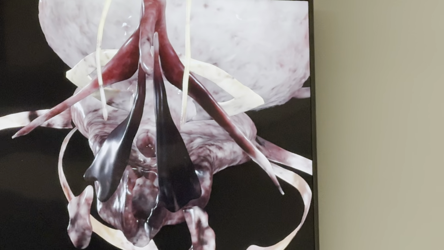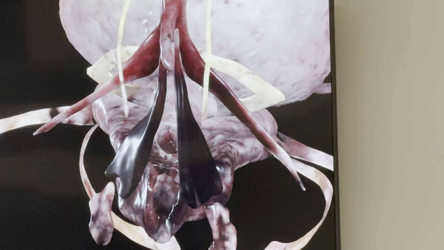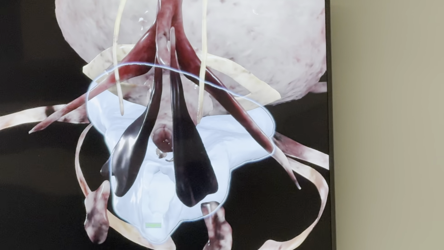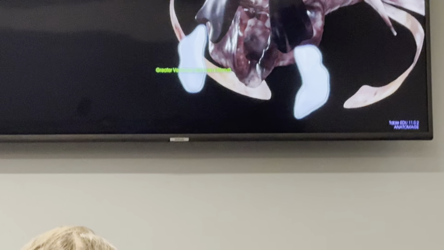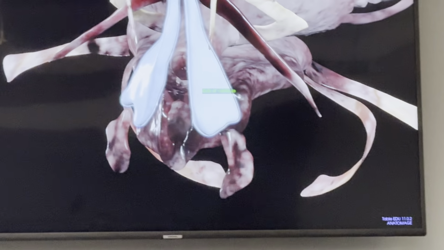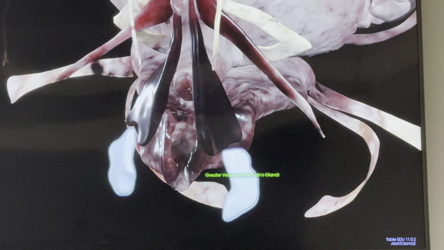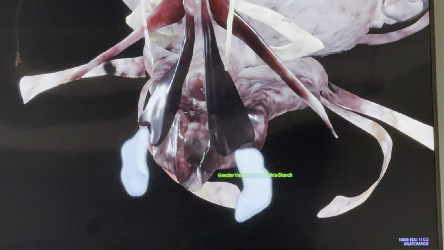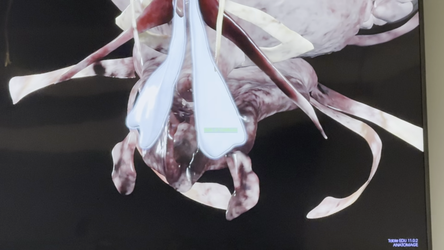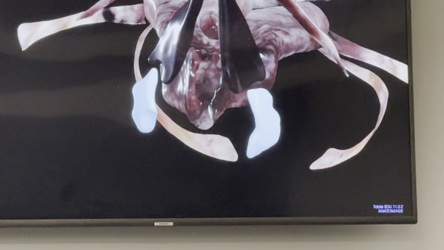They just produce the fluid, the moisture that's in the vestibule. And then you also have this and this, which are both part of the corpus spongiosum. No, this is the bulb of the vestibule, and these are glands that also produce mucus.